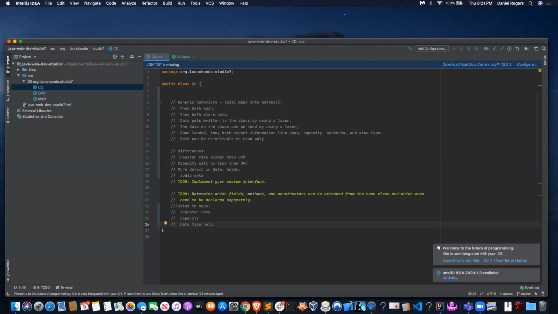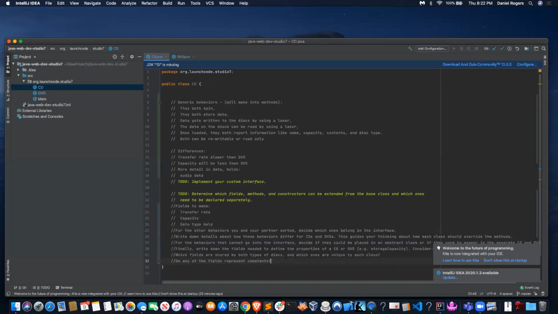So let's see. This is like a partner activity, so that's why I'm trying to plan it out pretty well, because that's really what you should do.